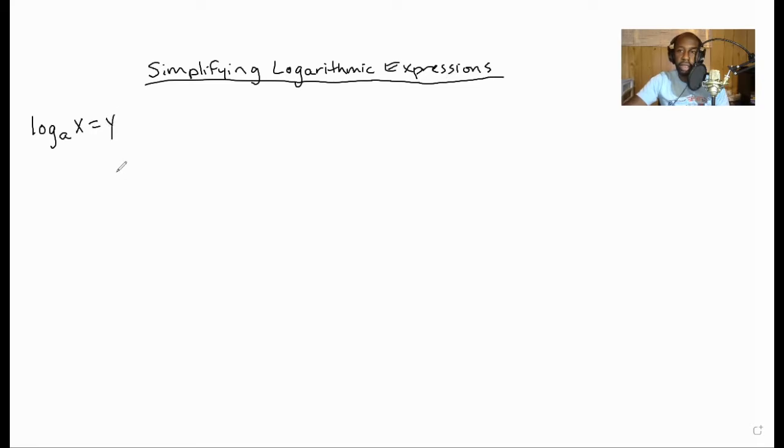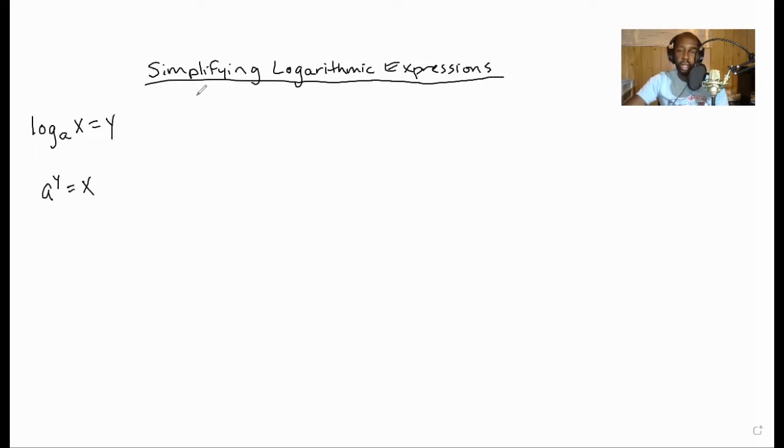So that's essentially saying what power of a will give you x, and y is that power. So in other words, a to the y is equal to x.